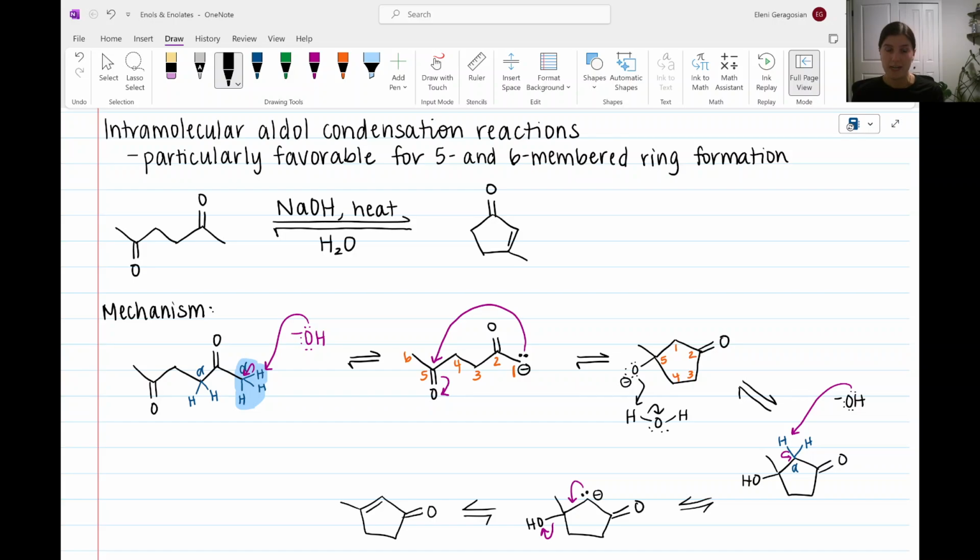So this is that final product. It's the same molecule as what is included right here. These two are the same. They're just kind of rotated and reflected. But these are the same 2 molecules.